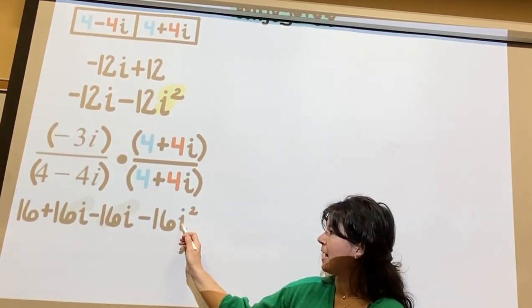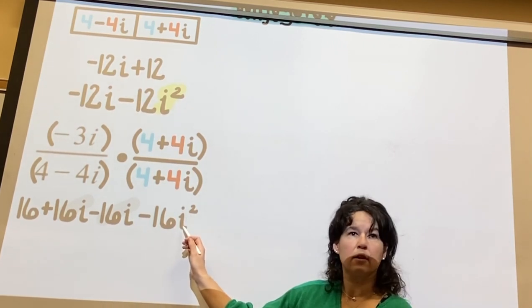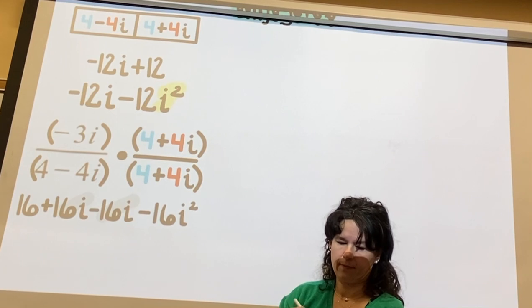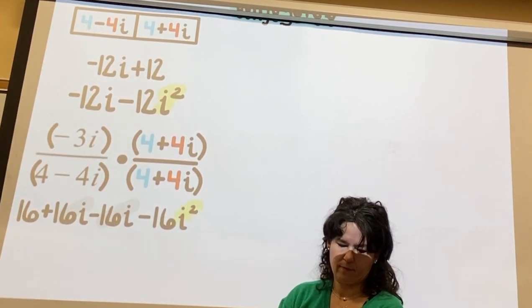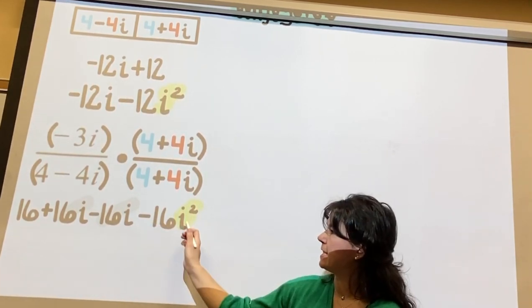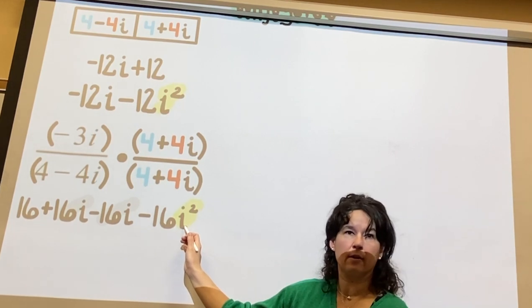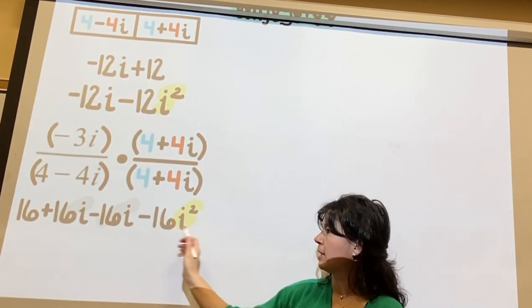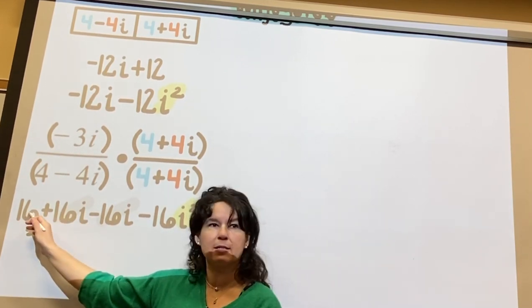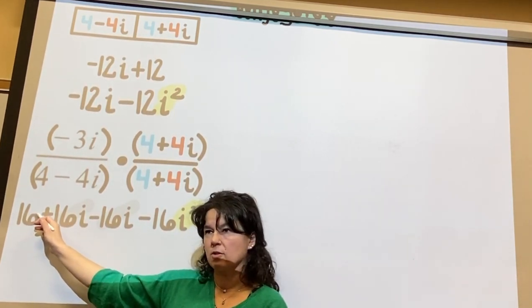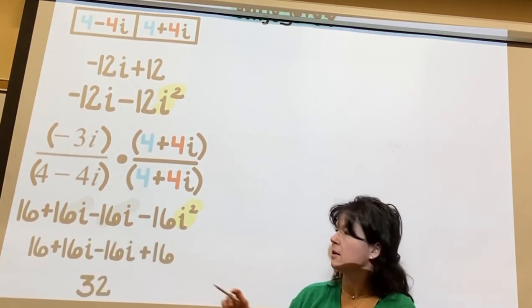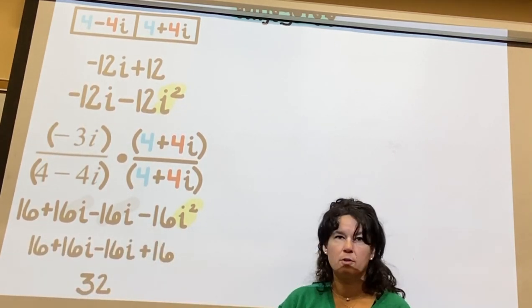All right, then that i squared is negative 1. So negative 16 times negative 1 is plus 16. So I have a plus 16, and out front I have a plus 16. So 16 and 16 make 32.